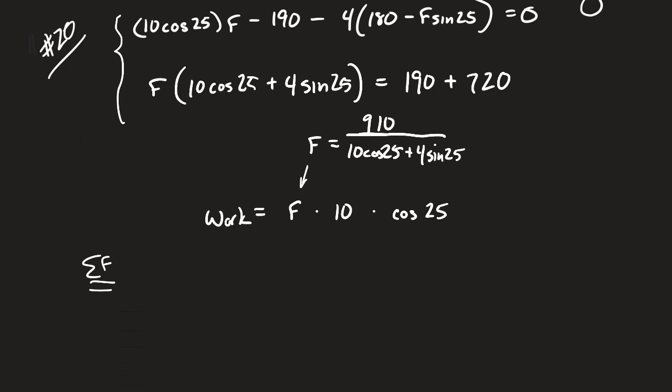Which means this time, this is positive and not negative. Right? It's pushing in the direction the box is going. Which means this will be negative right there, which will make this number lower, which means the force you would have to apply would be less, which makes sense because the wind is helping now. So you do less work because the wind is helping.